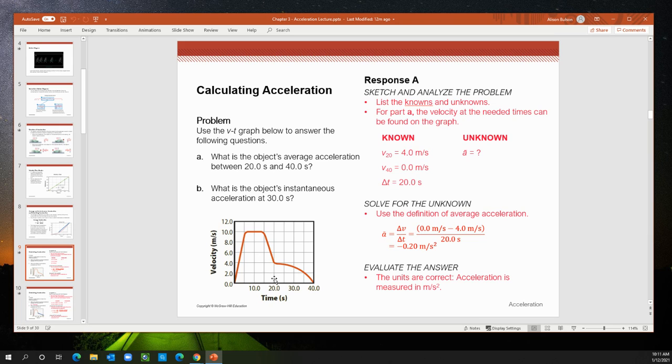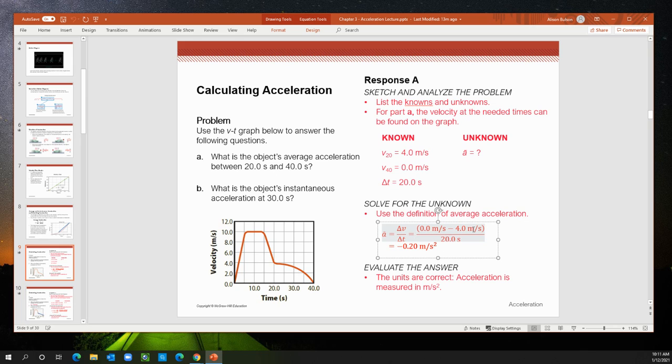I read the graph, I look at 20 seconds, and I see that the value of velocity is 4 meters per second. And then I read the graph and find the value of velocity at 40 seconds, which is 0 meters per second. So the ending velocity is 0 meters per second. The starting velocity is 4 meters per second.